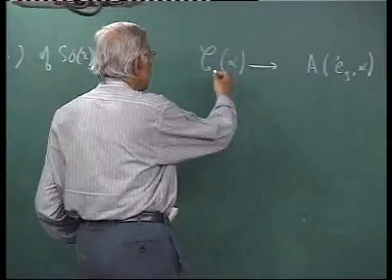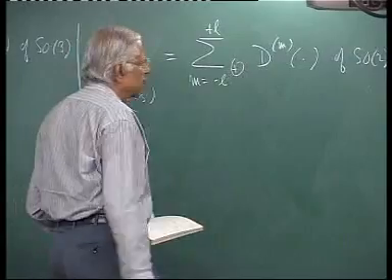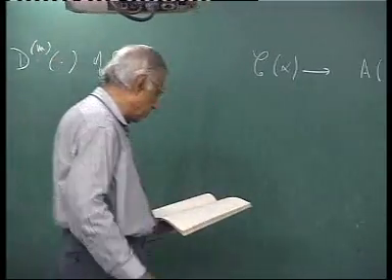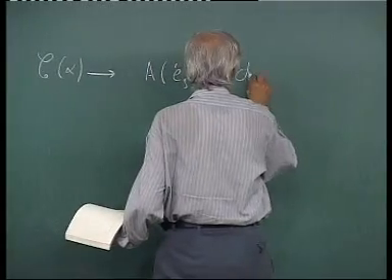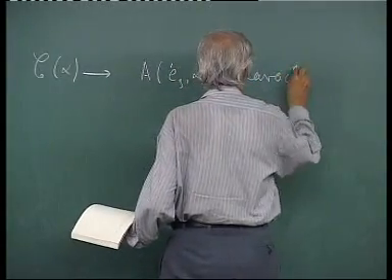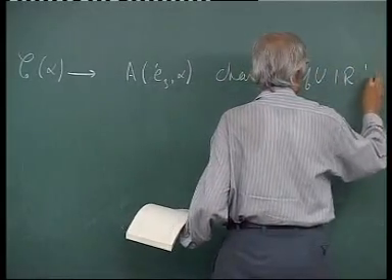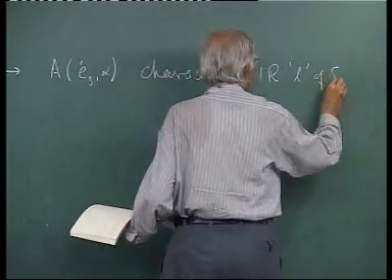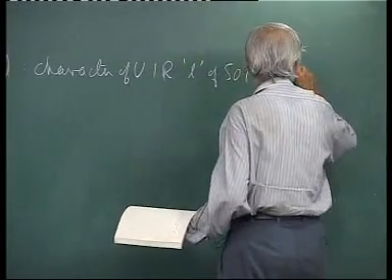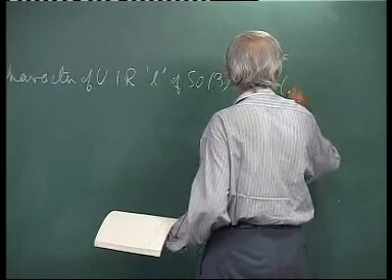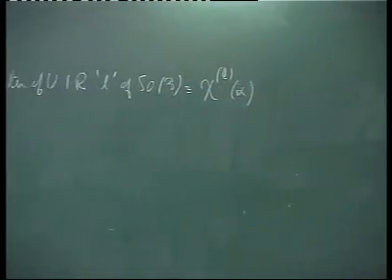So if this is so, and if this is the way in which the reduction happens when you restrict to the subgroup, it follows that we can immediately calculate the character of the unitary irreducible representation L of the group SO(3). Let us denote it by chi superscript L, argument alpha.